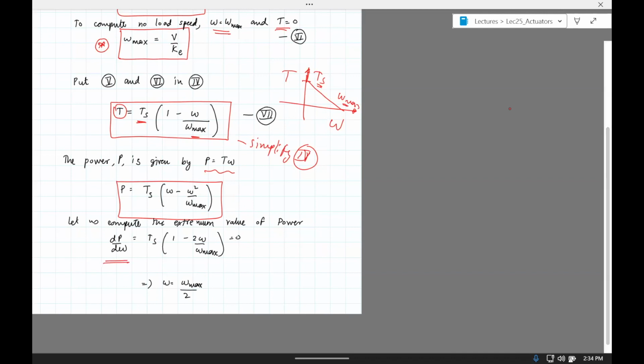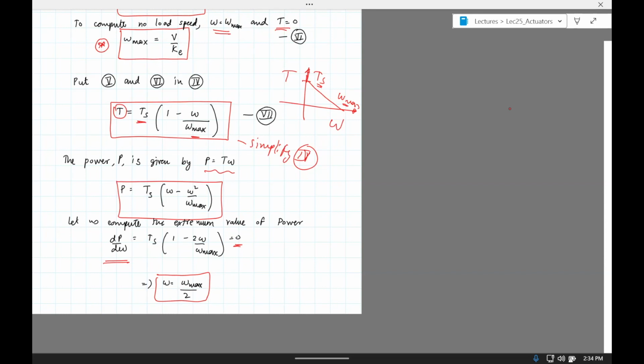So this is calculus, which you must have seen before. What you do is you take the first derivative of power with respect to speed, set it to 0, and solve for omega. That gives you the extremum value. It may be that power is maximized or minimized, but it happens when omega is half of omega max.